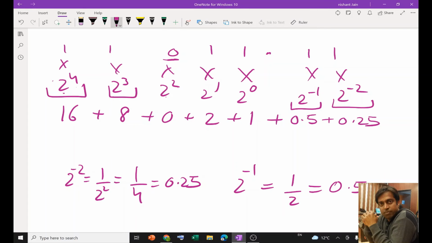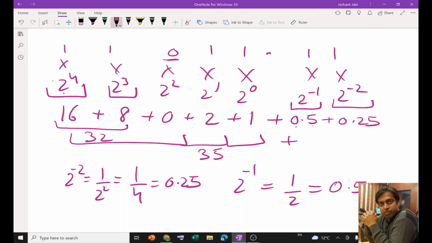Adding all these numbers, 16 plus 8 is 24, plus 0 is 24, plus 2 is 26, plus 1 is 27, plus 0.5 plus 0.25 is 0.75.